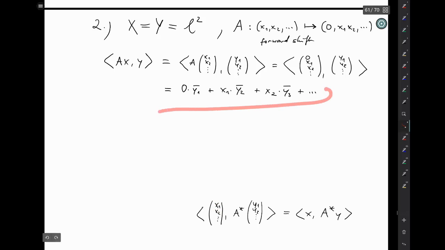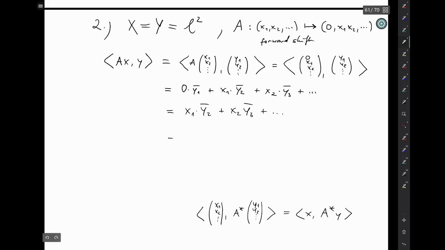So let's do this from the top. So this is easier now than in the previous example. We just get x1 times y2 bar plus x2 times y3 bar and so on.